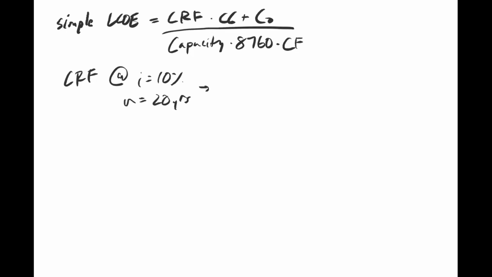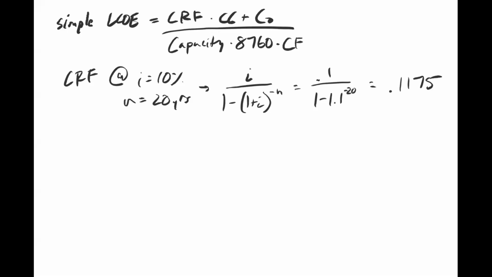I'll just use the equation from the slides, but this is something that you would be easily able to reference yourself. So this is i over 1 minus (1 plus i) to the negative n. That's equal to 0.1 over 1 minus 1.1 to the negative 20, which is equal to 0.1175. So that's our CRF value.